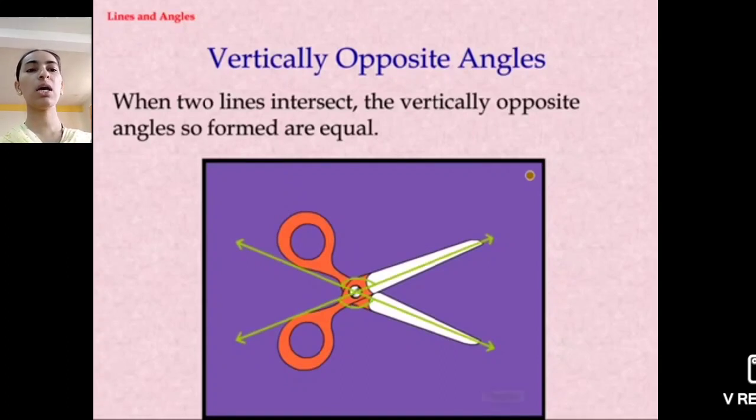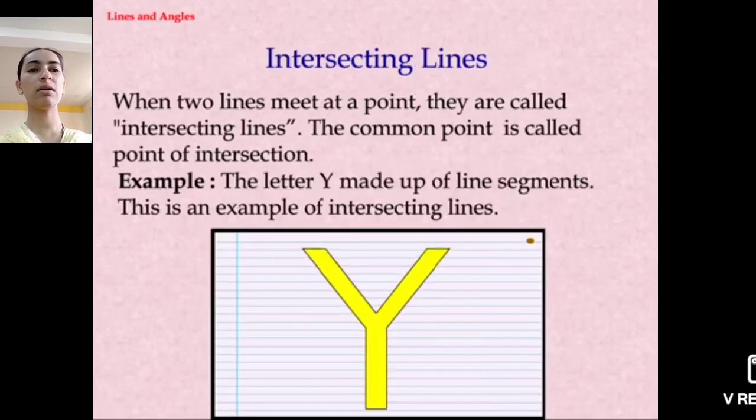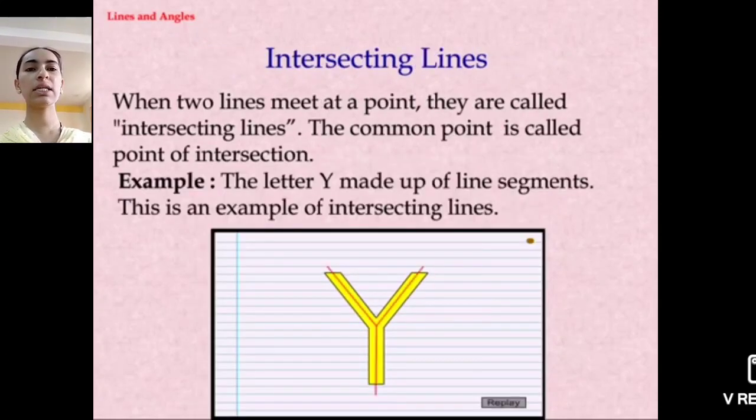Now, vertically opposite angles. When two lines intersect, the vertically opposite angles that are formed are equal. Vertically opposite, that means opposite angles are equal. Now, intersecting lines. When two lines meet at a point, they are called intersecting lines.